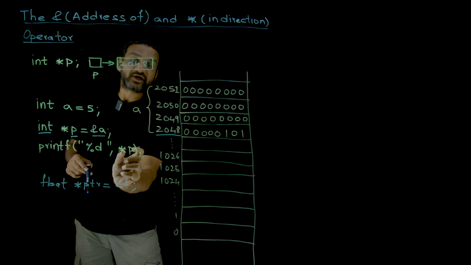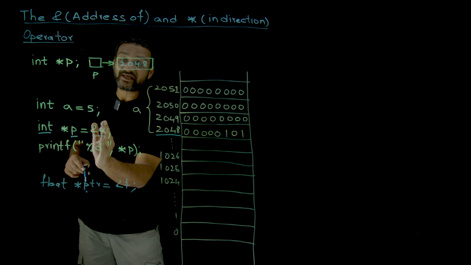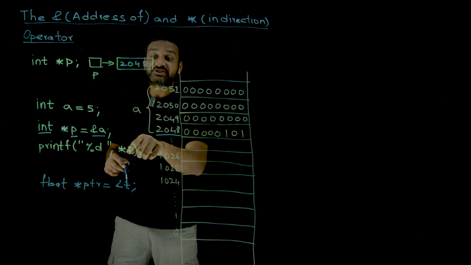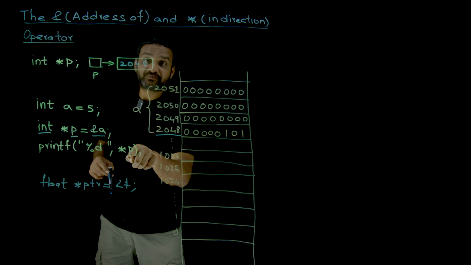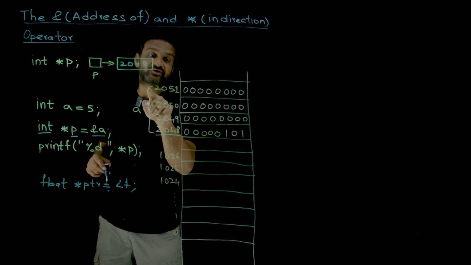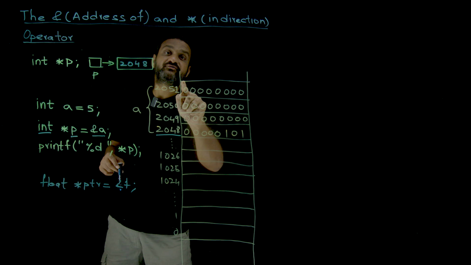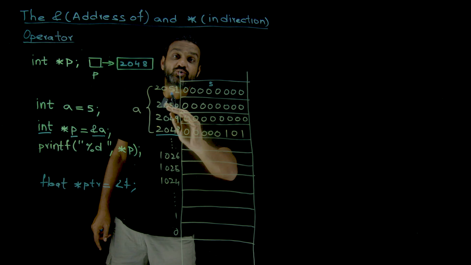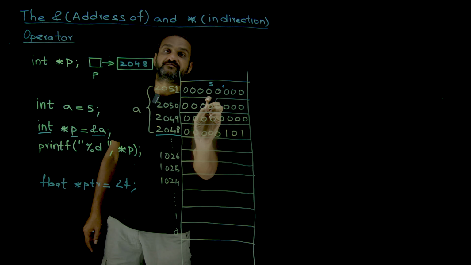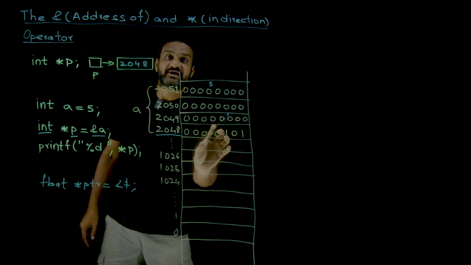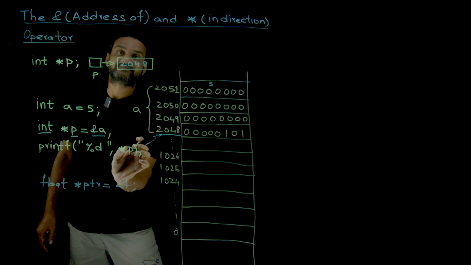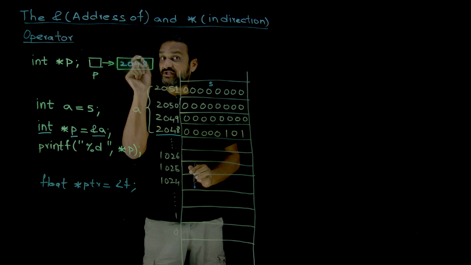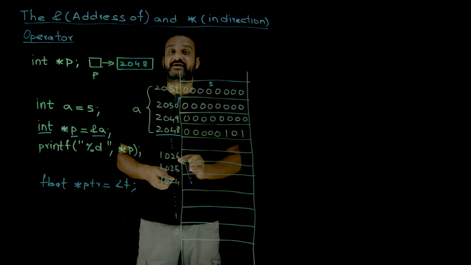Indirection operator used along with the pointer variable other than the declaration is to enter into the memory location to which this pointer P is pointing to. Pointer P is pointing to 2048. 2048 is having a value of 5. So this entire block of memory is having a value of 5. To get access to this 5 in the memory, we use this star P. So try to understand this. This is about the concept of address of operator and indirection operators.